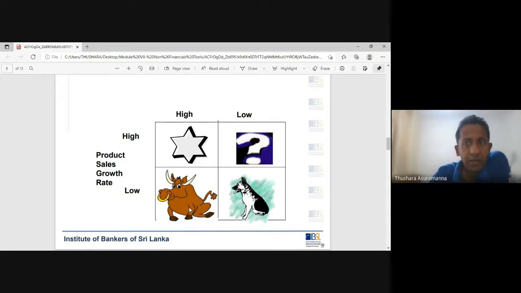Based on this, we try to take some actions on each product and service in terms of future further investment.